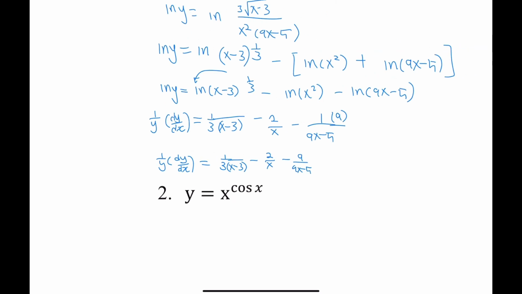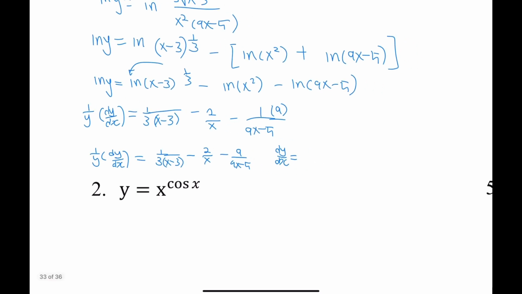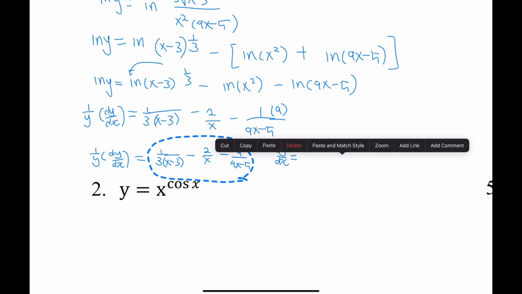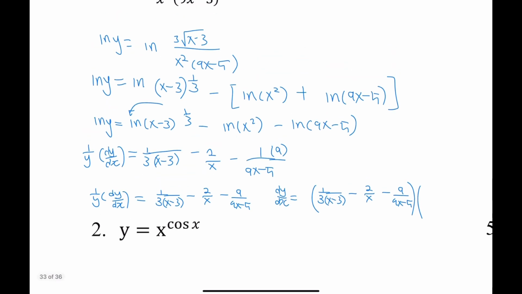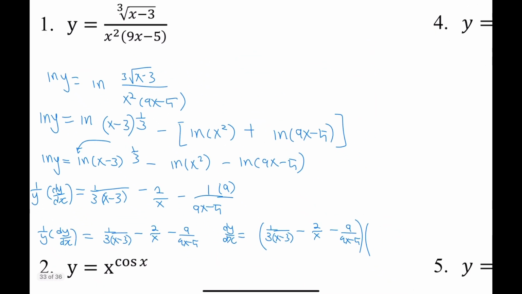Okay, so dy over dx would ultimately be this whole thing multiplied by y, which is also pretty complicated again, but we're just going to write that here so that everything is in terms of x.